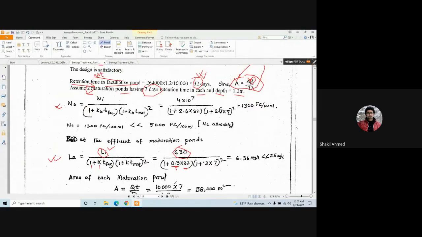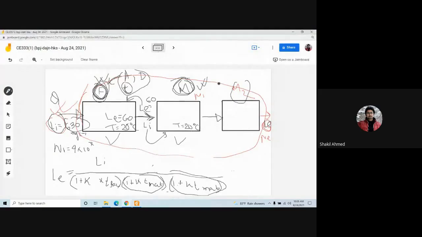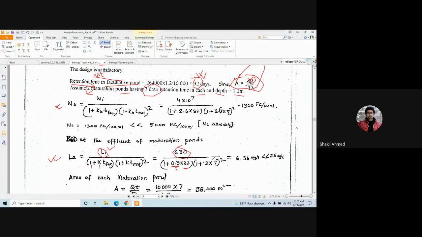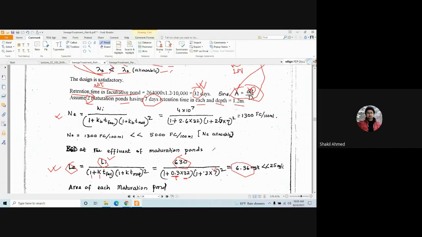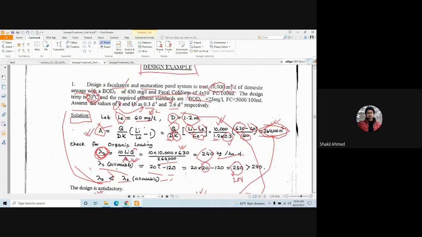For the maturation ponds, we have assumed each pond needs 7 days retention time, T equals 7, so you put 7 here and a square. From there, you see that Le equals 6.36 milligram per liter, which is less than 25 milligram per liter. So the design is satisfactory for BOD. Clear?